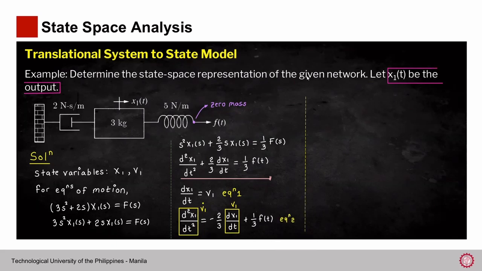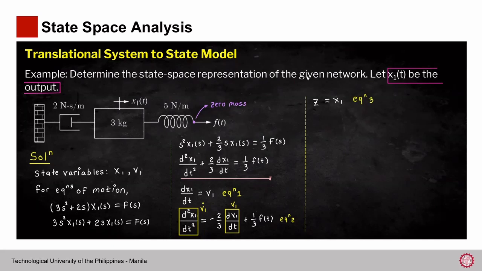Any letter would do, but usually it is Y. At any rate, Z is nothing but x1, because the problem says the output is x1, so Z is equal to x1. This is our equation number 3.